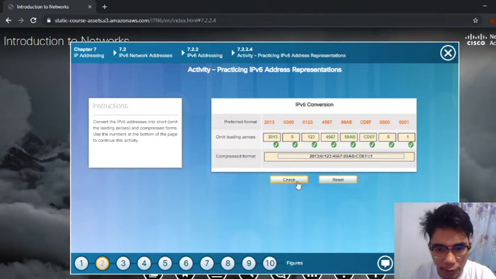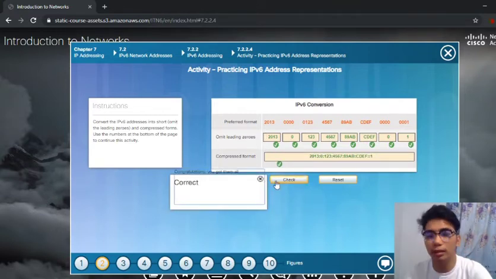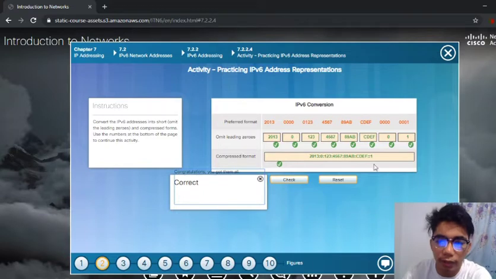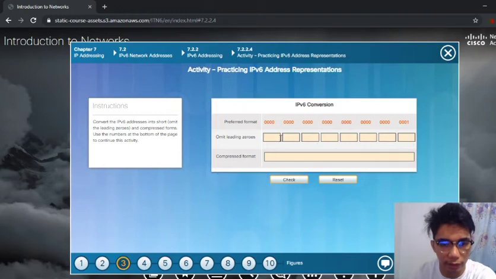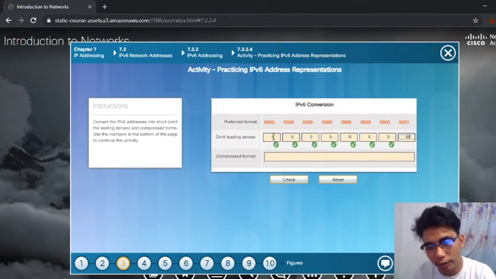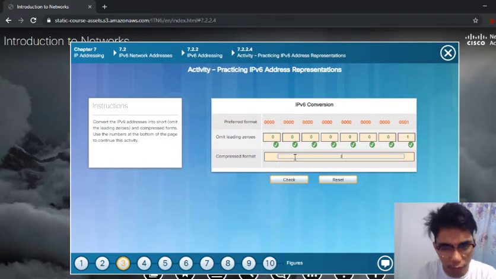It would be correct, because you will only use the double colon once, in the place of the consecutive zeros. Then here, as you can see, it's all zeros, so it will be 0 0 0 0 0 0 0, then 1. Then the answer would be 2 colons, then 1.